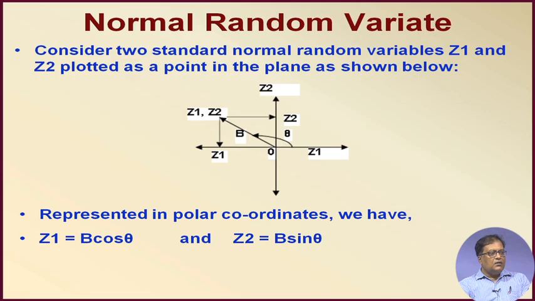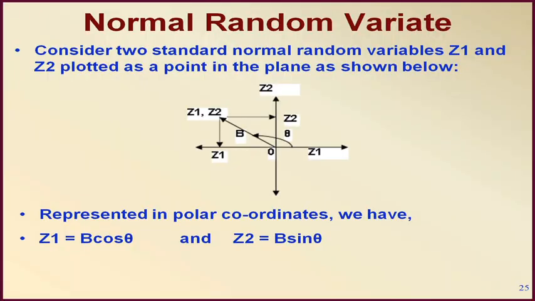You see, the normal distribution is a very important distribution, and if something is normally distributed, we may have to generate a normal variate for our calculations. So, in order to do that, consider two standard normal variables z1 and z2 plotted as a point in the plane as shown below.